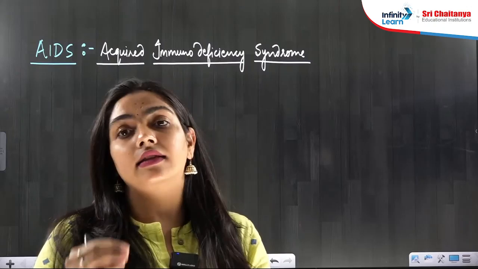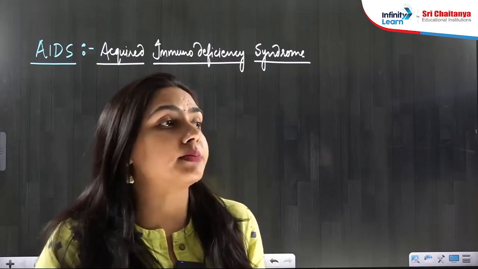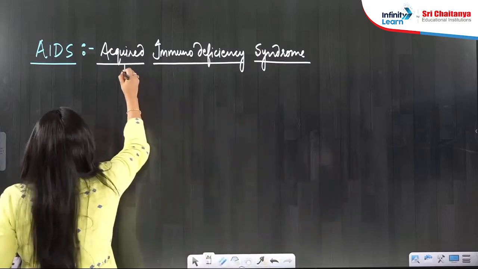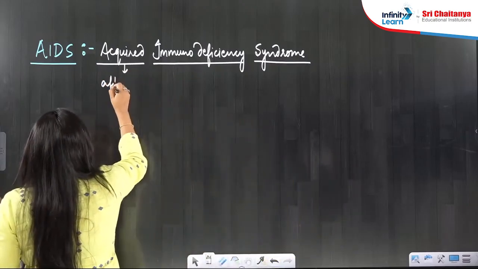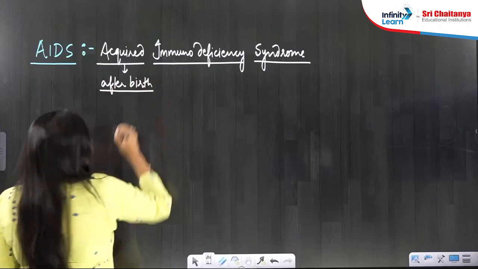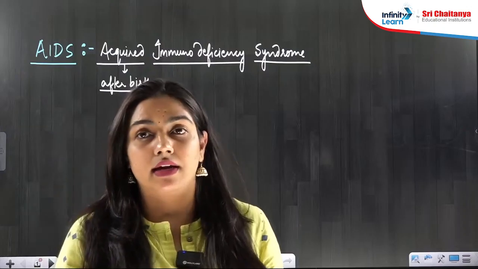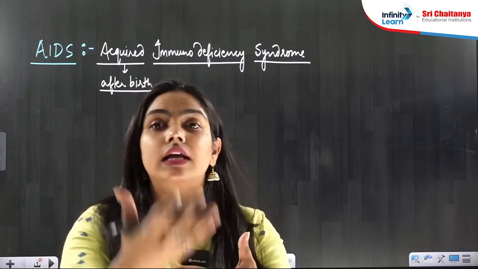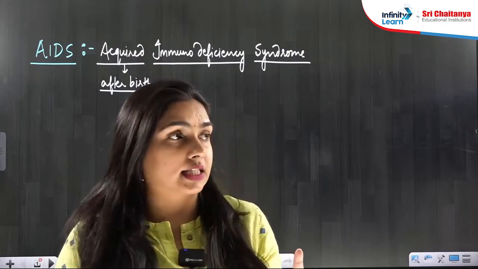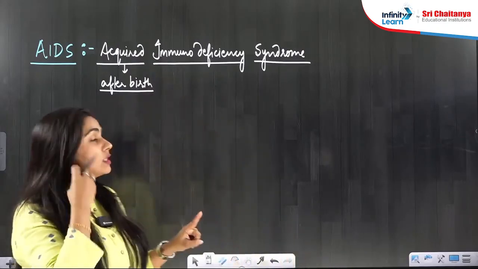Genetic diseases are the diseases which occur by birth because they are present in the genes, beta. Acquired means it occurs after birth. If it is coming from mother to fetus, then also it is acquired. At that time, the fetus is acquiring it from the mother, but not through the genes. Okay, are you understanding this point?